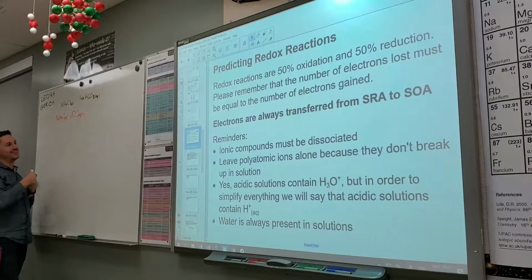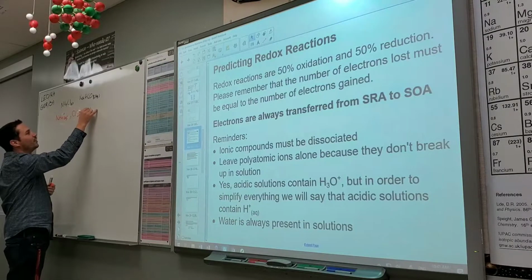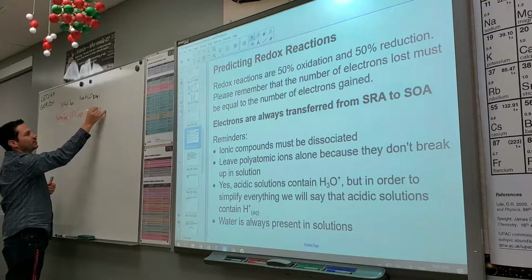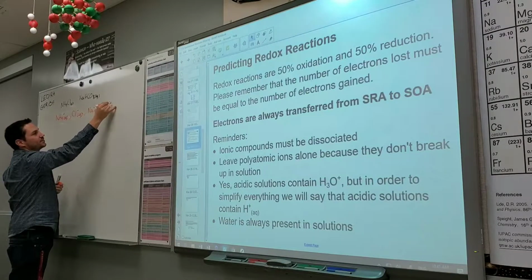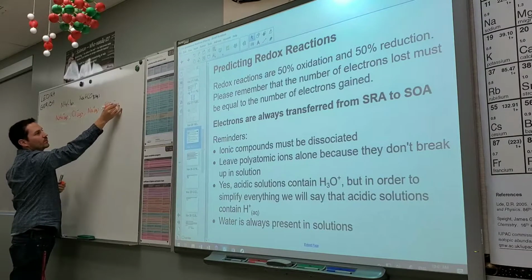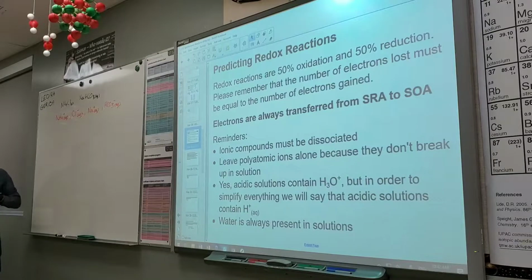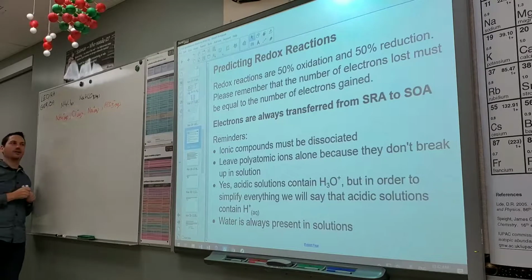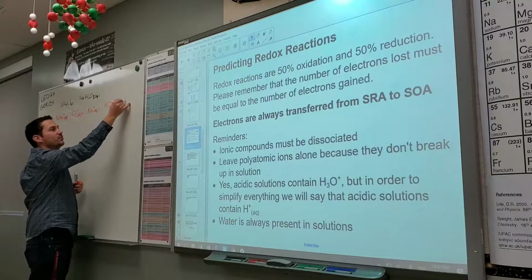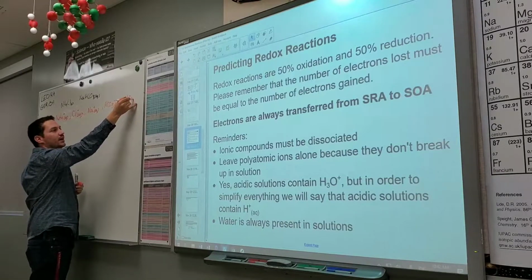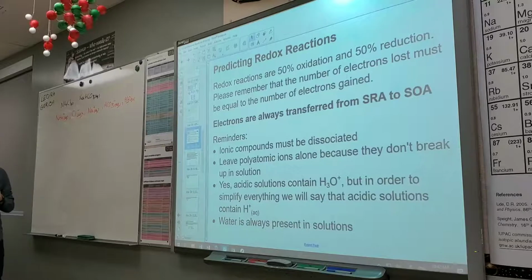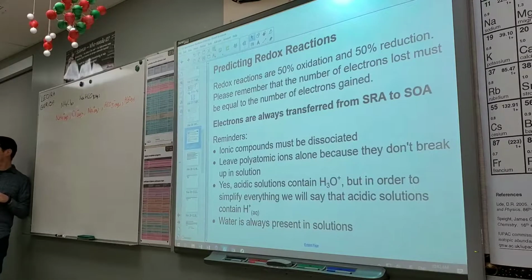It's going to be sodium, and it's going to be hydrogen carbonate. Perfect. And then, what else? Water. That's super important for us to understand for this and for predicting redox reactions. Is everything okay? Uh-oh.